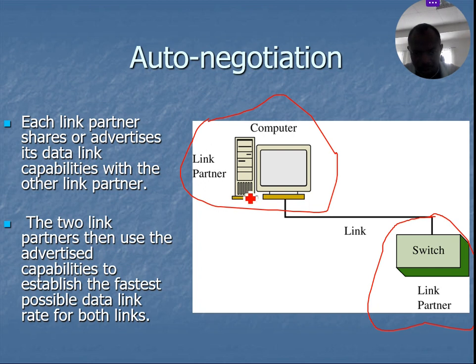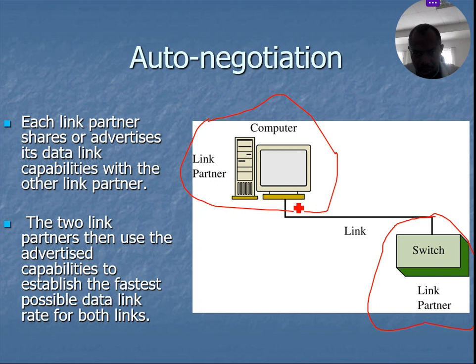So maybe probably it has advertised 10 megabit per second speed, and then this switch says, oh, bring it on, I have 10 megabits per second, I also have 100 megabit per second, so you can send to me, I have the capability. So this is what we call auto-negotiation.